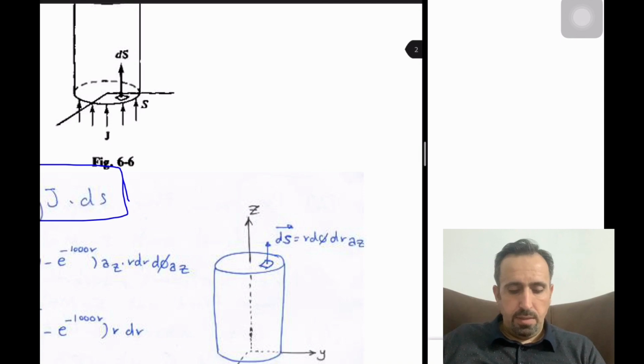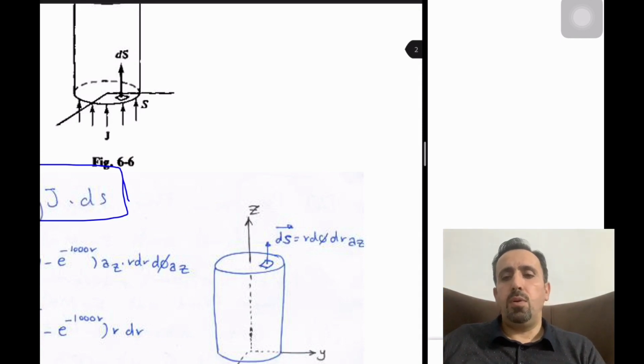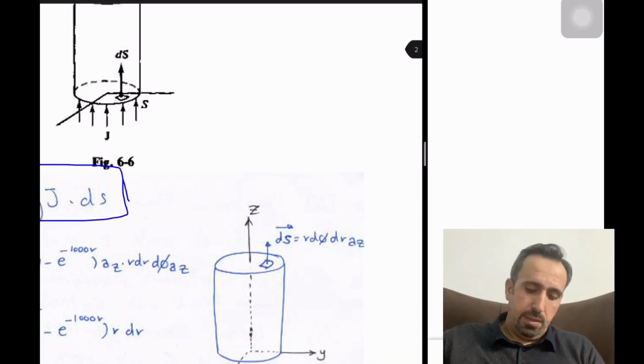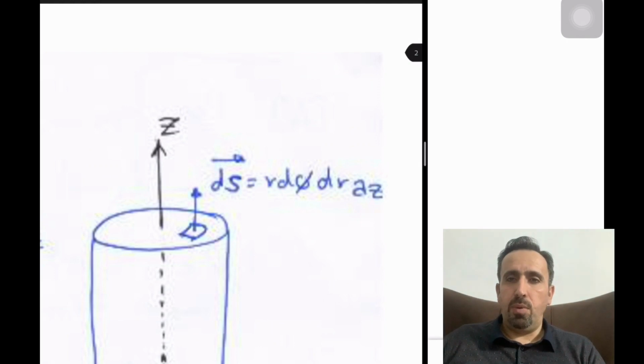For that reason, ds is a differential piece of the cross-section area that this current passes through. If you take a portion of the top or bottom of this cylinder, it will look like that.